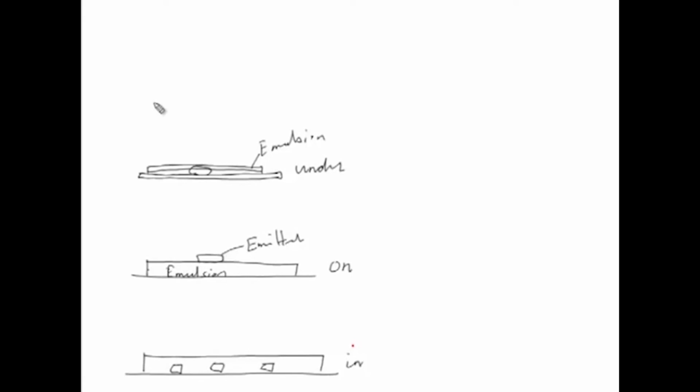And there could be another one where you have emulsion on the top and emulsion below, and your emitter is in between, that is, it is sandwiched between the emulsion. So, you could have either of these conditions: it could be under, it could be on the surface, it could be in the emulsion, and it could be sandwiched between the emulsion.